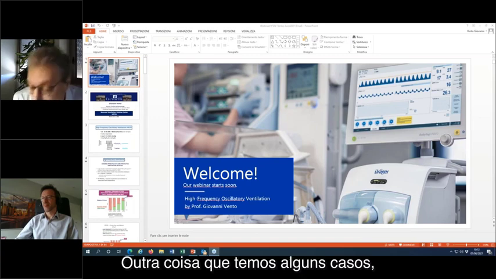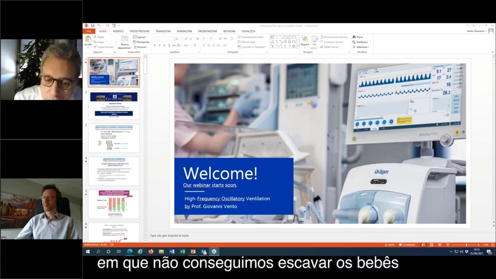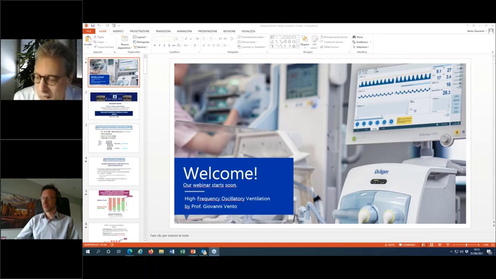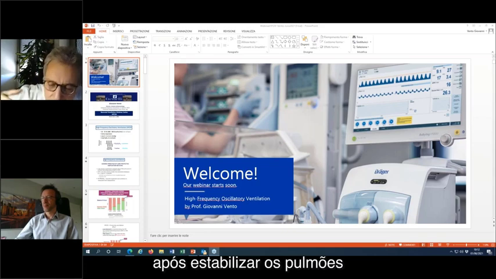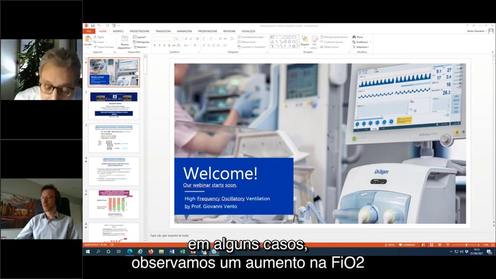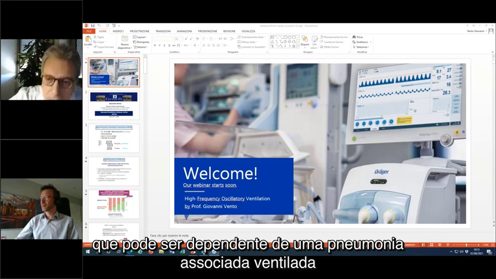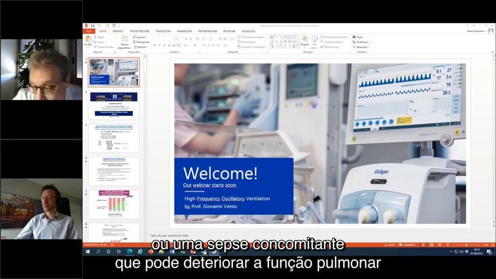We have some cases in which we are not able to extubate the babies, and in these cases, after stabilizing the lungs, in some cases we observe an increase in FiO2 that could be dependent on a ventilator-associated pneumonia or a concomitant sepsis that can deteriorate the lung function.